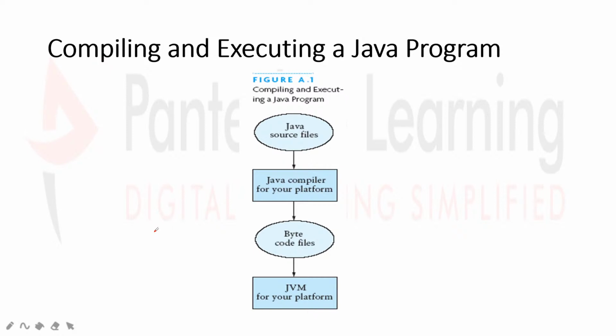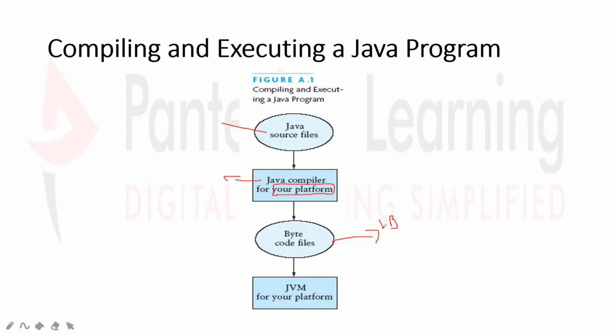Then here we have an architecture showing how the compiler is executing. If you have a source file, the source file will be given to the compiler for your platform. That is important, so according to your own PC platform, we give it to the compiler. Then the compiler generates the byte code.